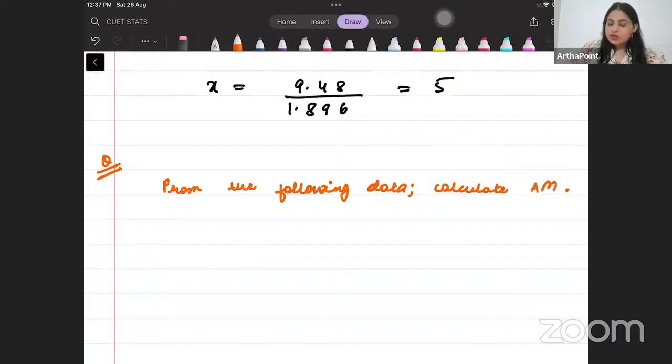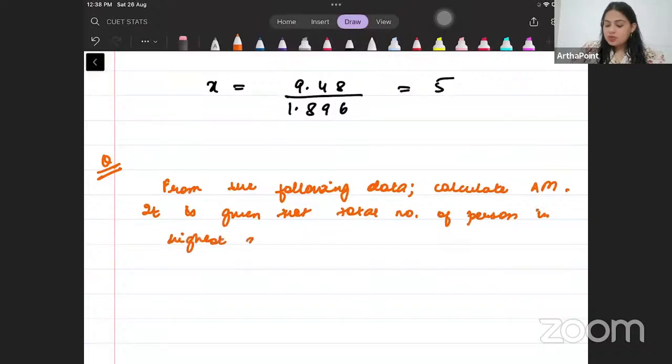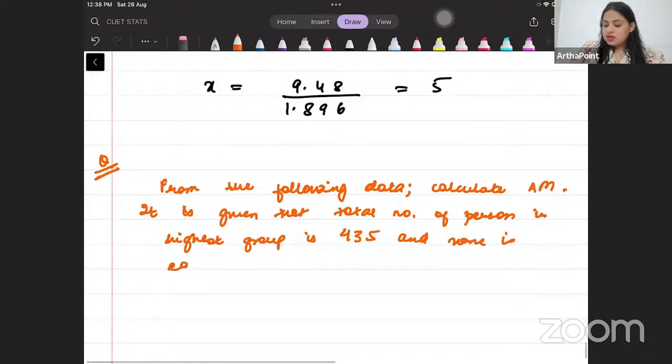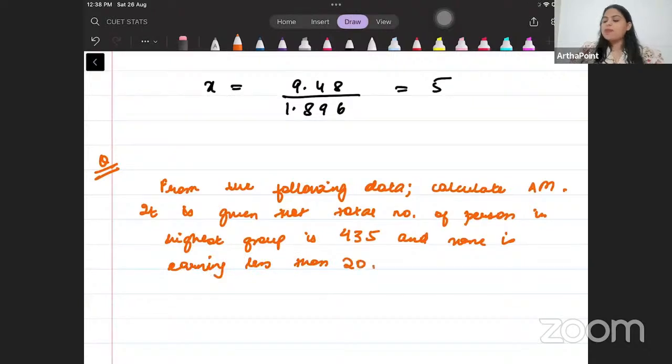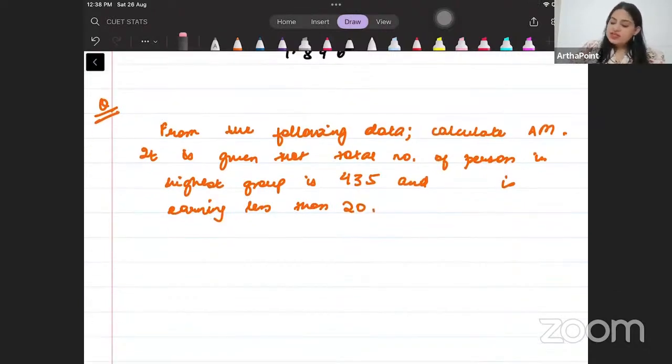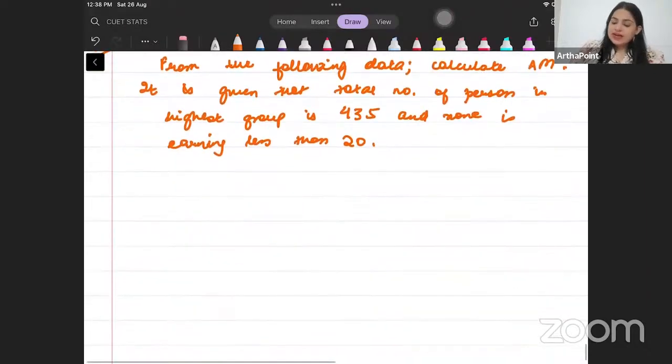It is given to you that the total number of persons in the highest group is 435 and none is earning less than 20. So it says that nobody is earning less than 20. The total number of people in the highest group is 435. So let us understand once what data set is given.